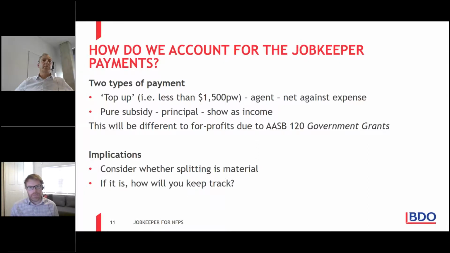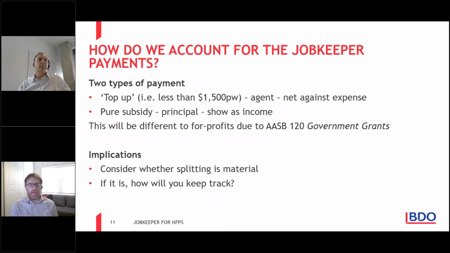What I will say at the top, though, is similar to the tax elements of it, the application elements where there's new information coming out quickly, the accounting for this is still being developed, still being talked about. I wouldn't say that there's a level of consensus quite yet, but we can certainly talk you through where the BDO perspective and some of the things that we're considering are, and things for you to keep in mind.